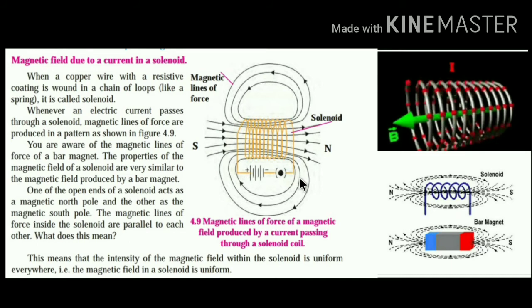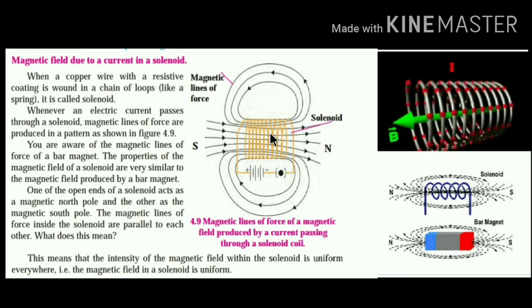These two ends are joined to the battery, and this is a plug key. When we start the current through this solenoid, magnetic lines of force are produced in the pattern that is shown in this figure.